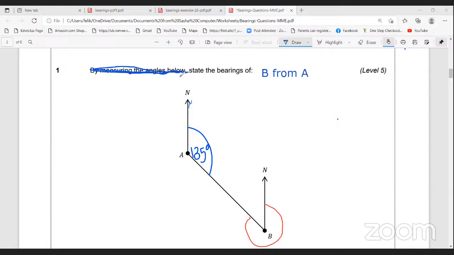So you would start from here and draw it clockwise to the next point, to the next line.